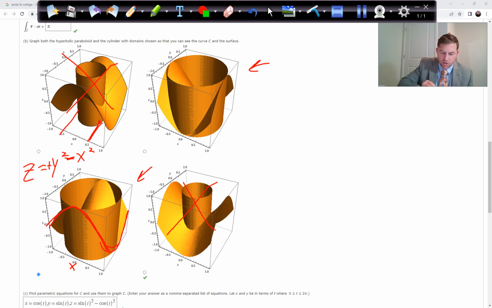And that is not true on this one. This one is flipped the other way. It's pointing up in the x and down in the y. So just by process of elimination, I don't recommend trying to graph this thing. Look at it and use process of elimination to hone in on this one right here.